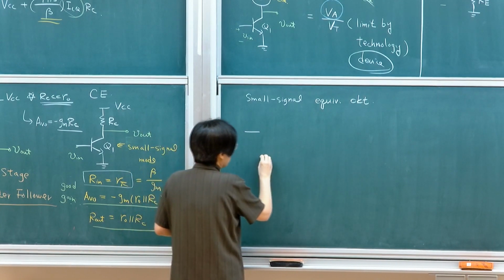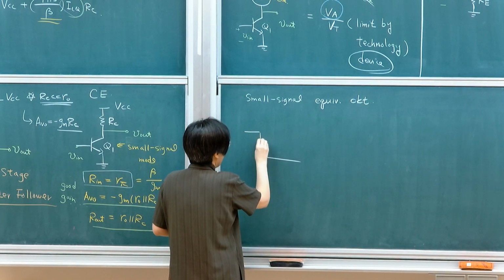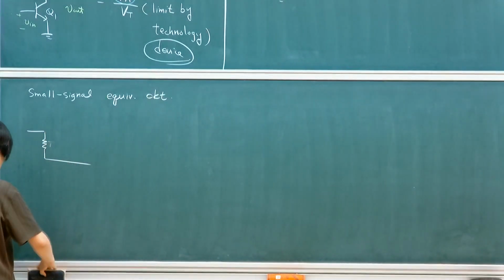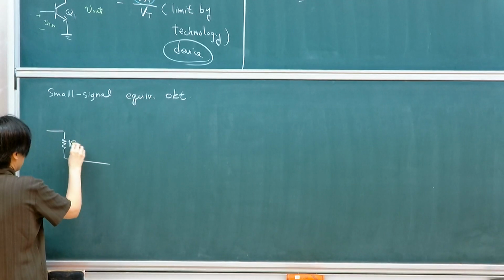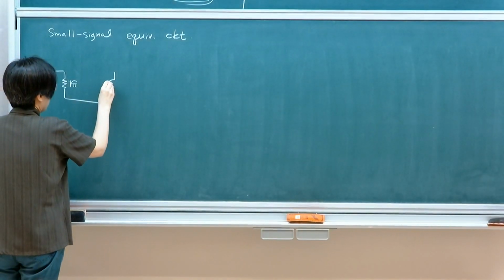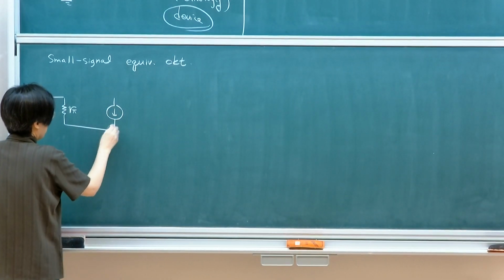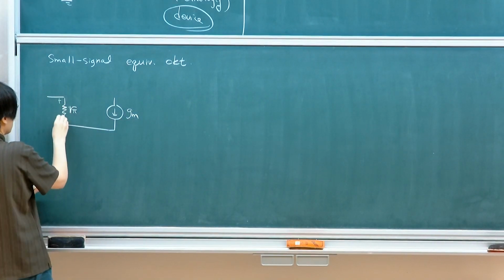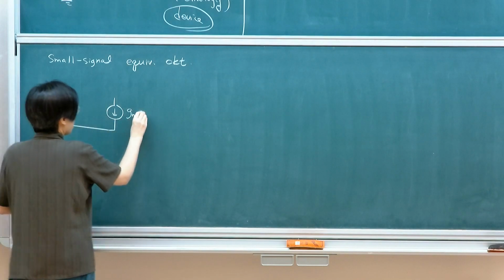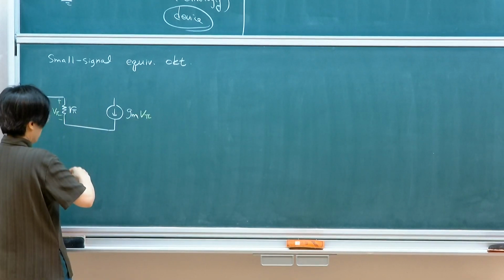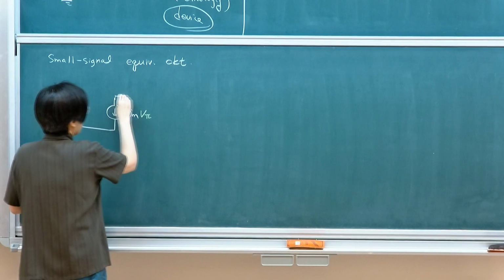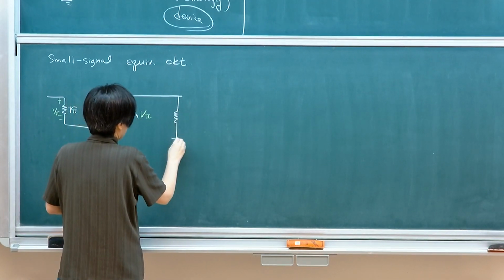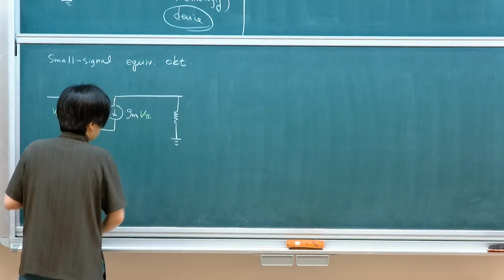The main difference, if you look at this, is that I still have my original small signal model, R pi and gm, with internal voltage V pi. And then this will be external.